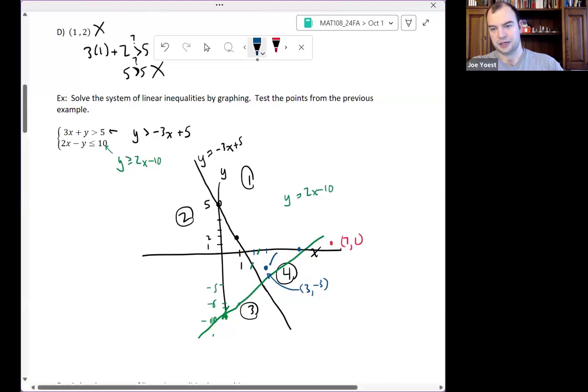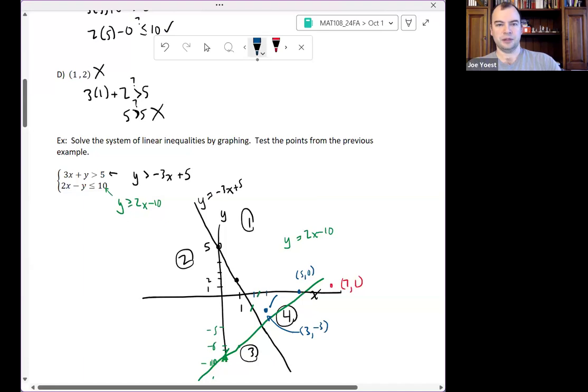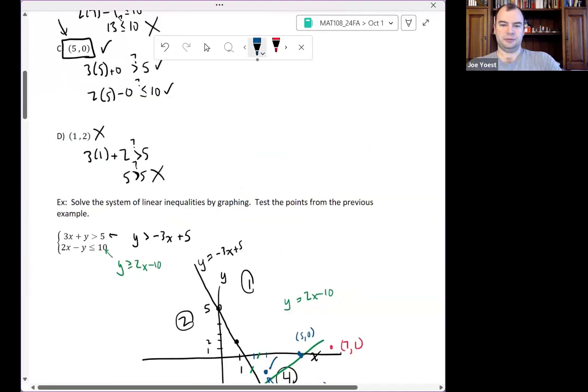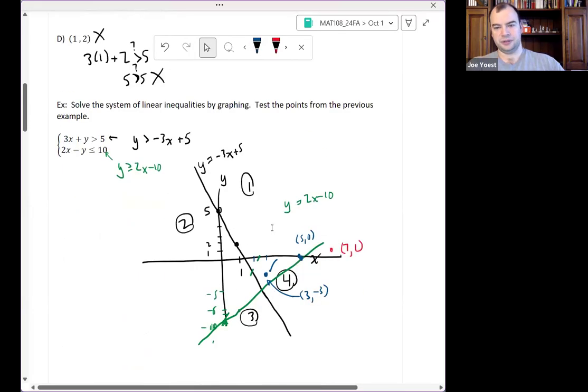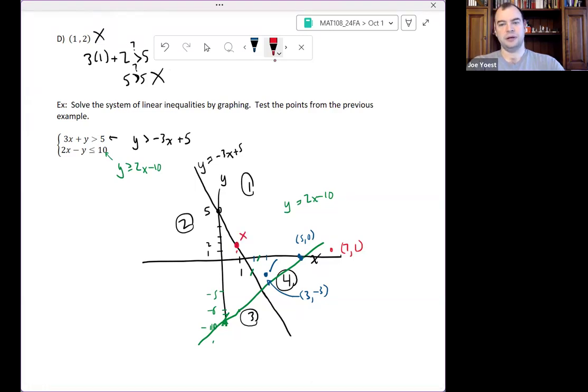Maybe that is like here. A little bit closer. There we go. And if we look at 1 comma 2, that was not a solution. That's this point here.